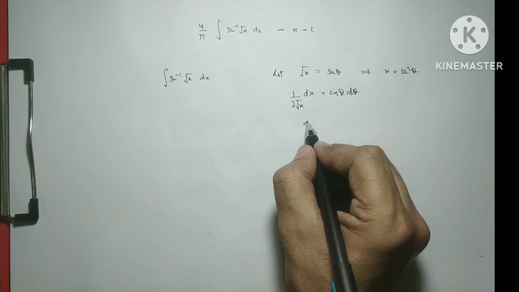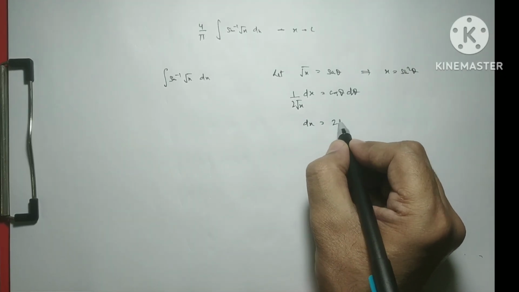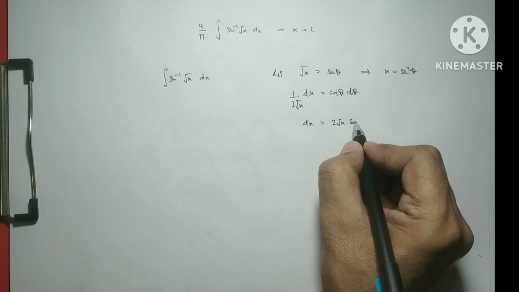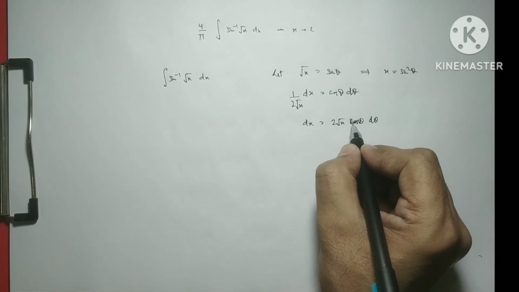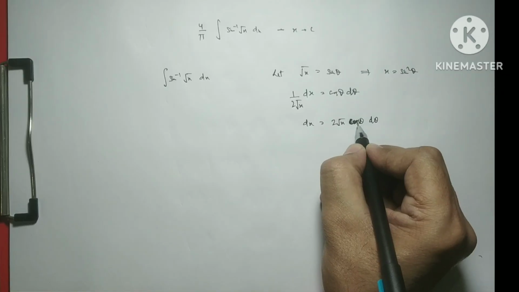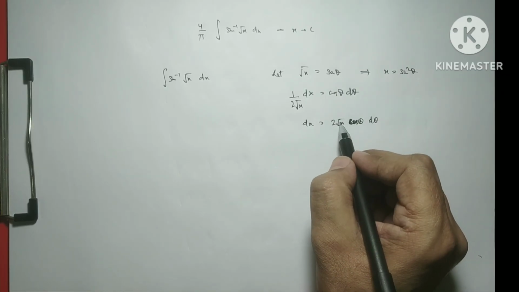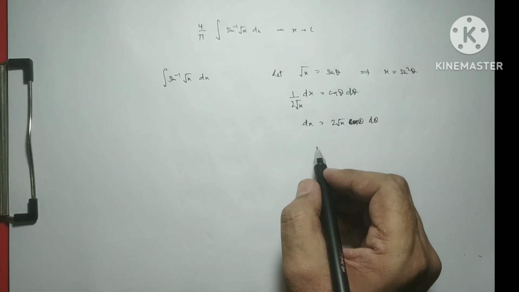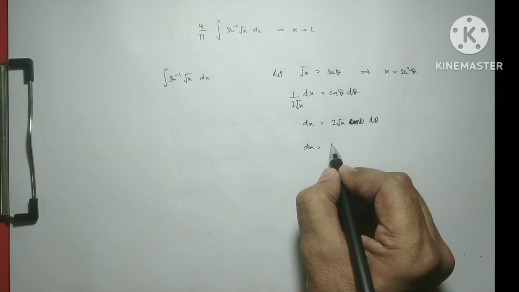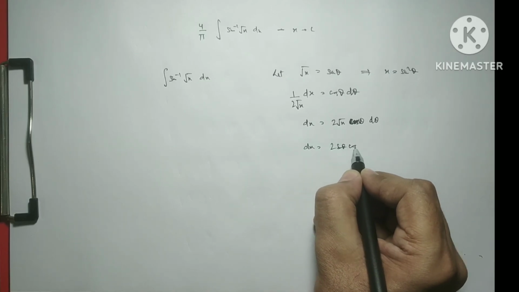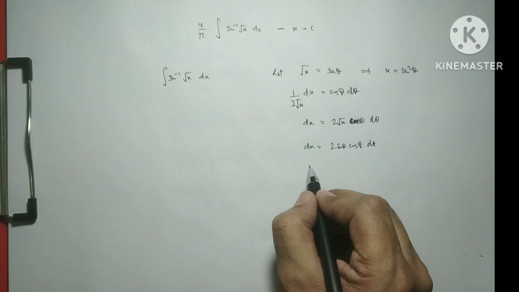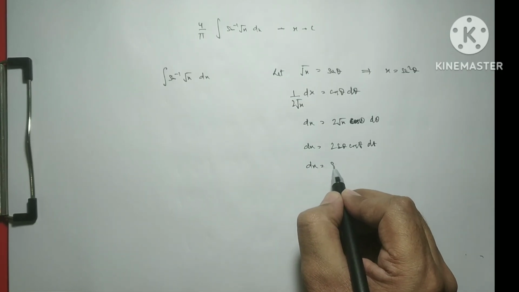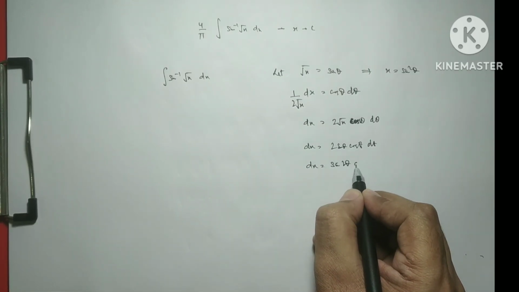So dx equals 2 root x cos theta d theta, and when we substitute the value of root x as sin theta, we get 2 sin theta cos theta d theta. Now you can say it is sin 2 theta also, so dx is sin 2 theta d theta.